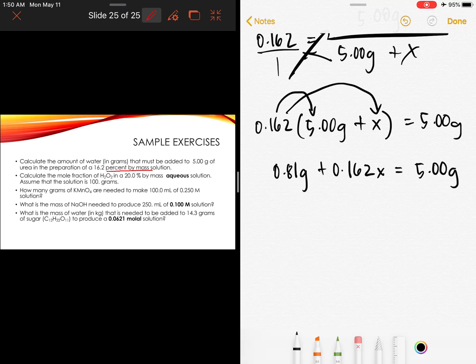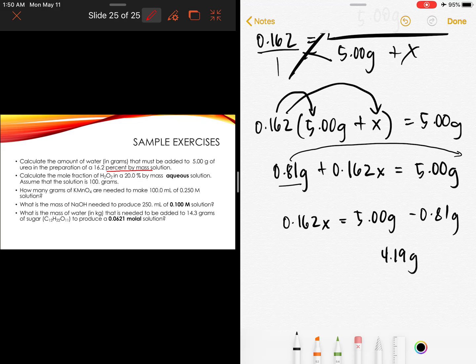And then you combine like terms. So this term will now be transposed to the right hand side of the equation. So 0.162x is equal to 5 grams minus 0.81. So 5 minus 0.81, that is equal to 4.19 grams.